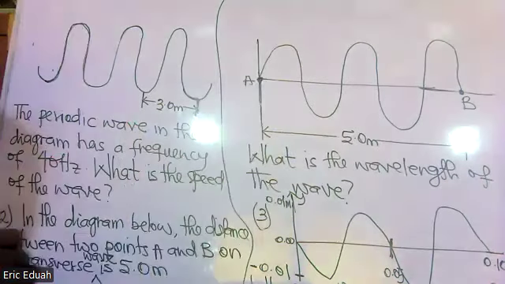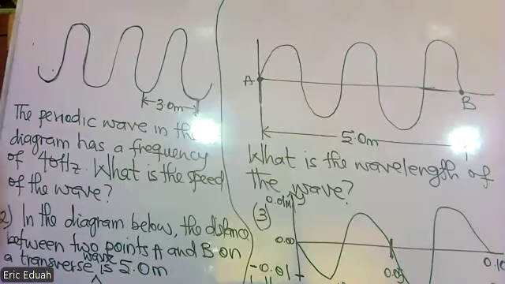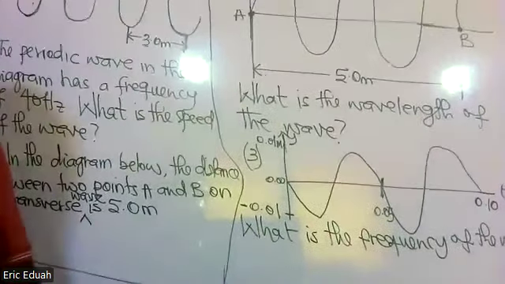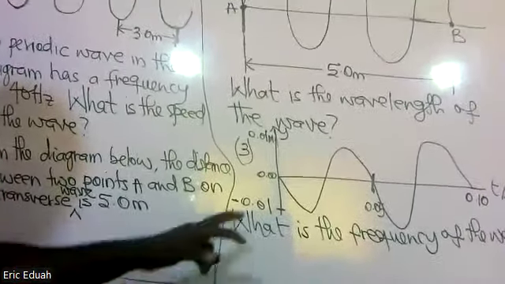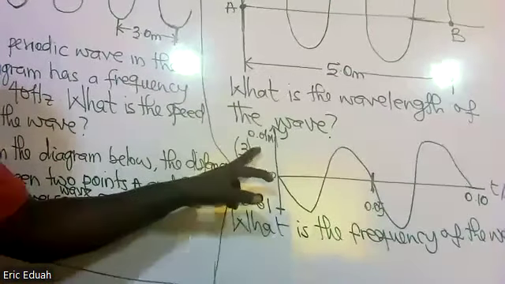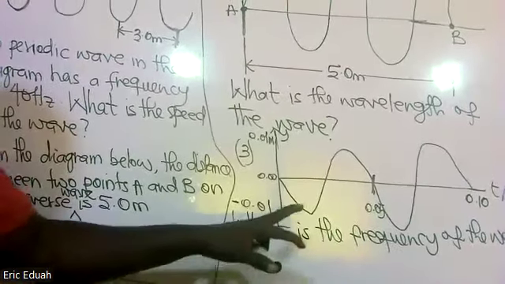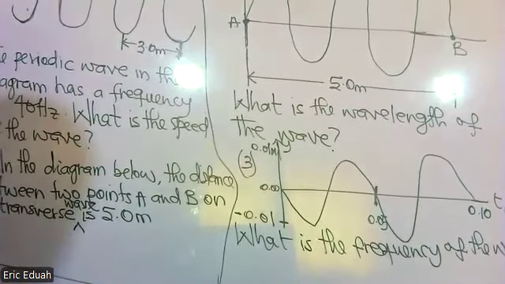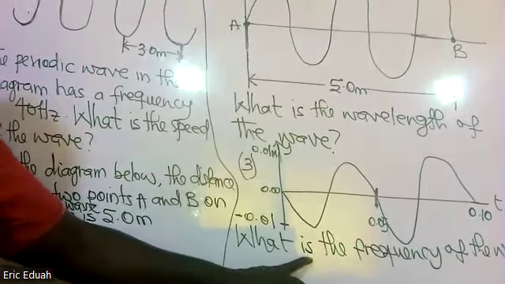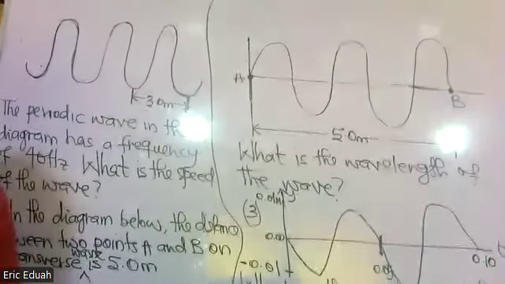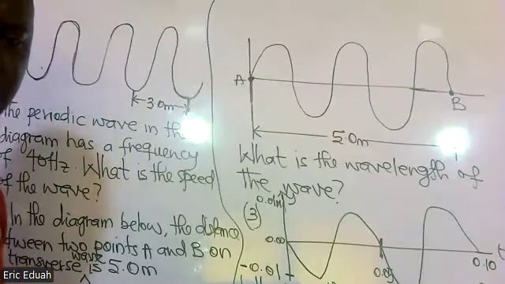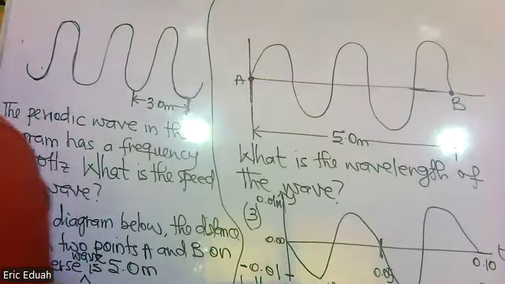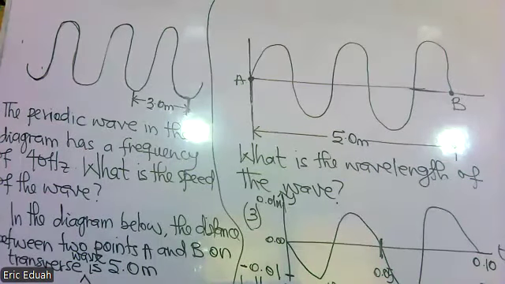What is the wavelength of the wave? And then the last question is another graph, a graph of displacement against time, and the question seeks to determine the frequency of the wave. So I'll quickly give it a try, and then let's continue our discussion from there.